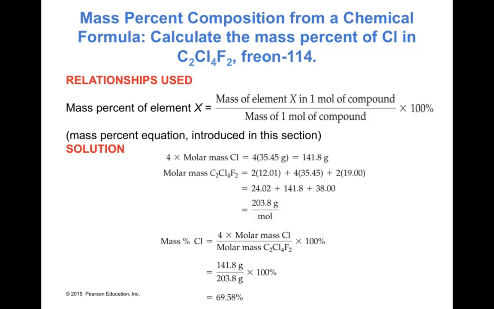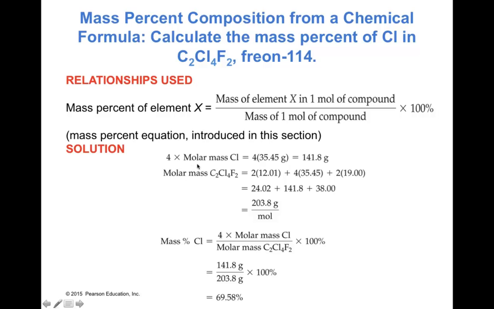So here, in the situation of Freon 114, the molar mass of chlorine is 35.45 times 4, which will be 141.8. This is the amount of mass of chlorine in the compound.